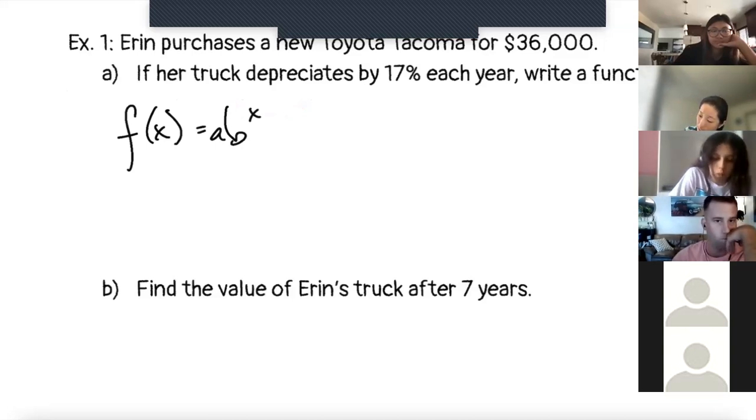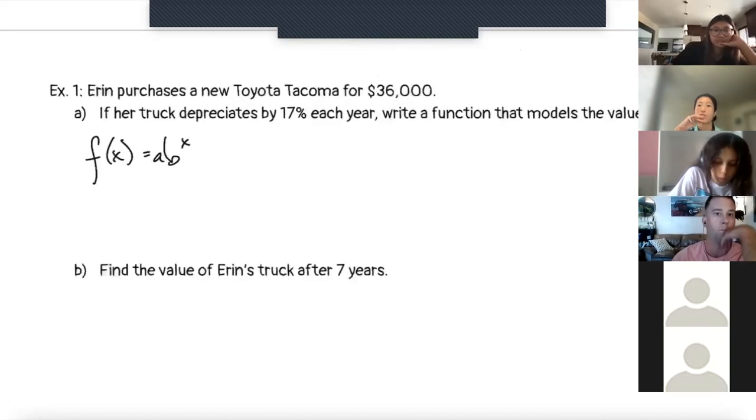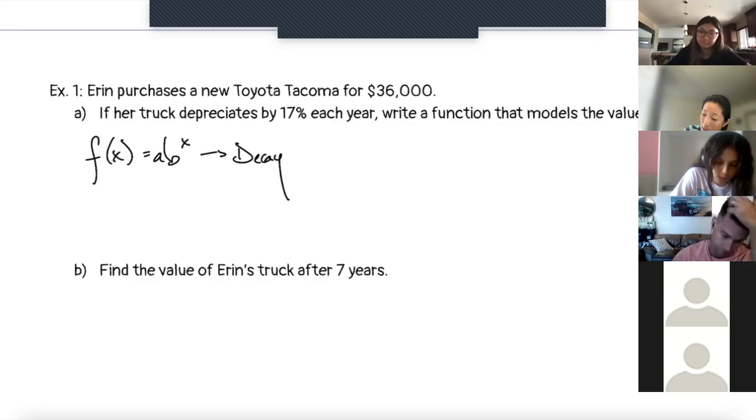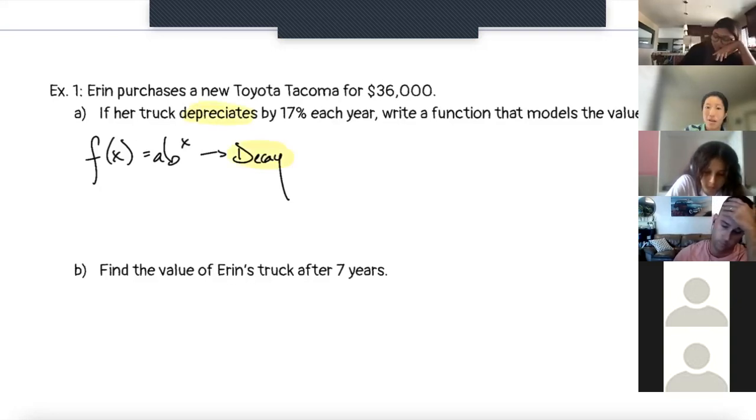Now, is this going to be exponential growth or exponential decay? This is going to be exponential decay. A key word that tips us off is that we are depreciating value, or losing value. So the amount that the car is worth is going to go down as time goes on.